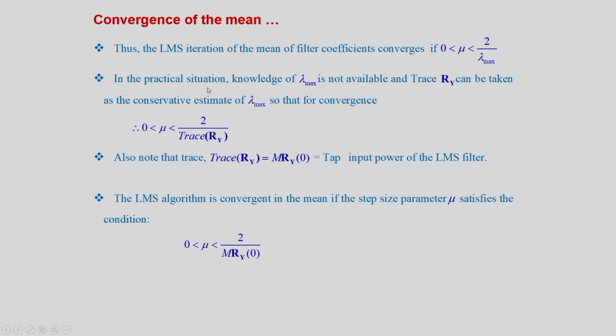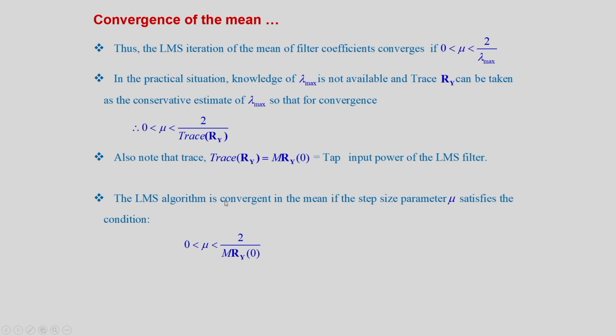In practical situations, knowledge of lambda max is not available or it is difficult to obtain. Therefore, we can consider trace of Ry instead of lambda max, like in the SDA method. So, the condition for convergence is mu should lie between 0 and 2 by trace of Ry, and trace of Ry is equal to m times Ry 0, that is the tap input power of the LMS filter.